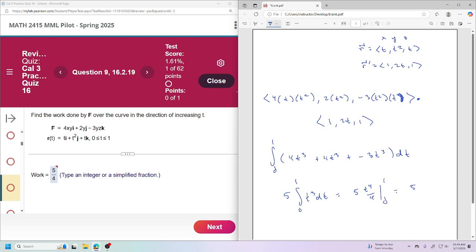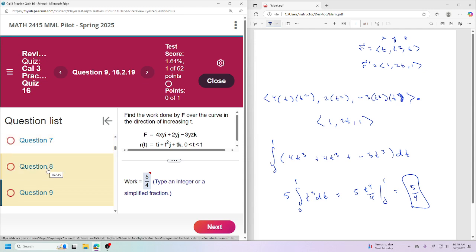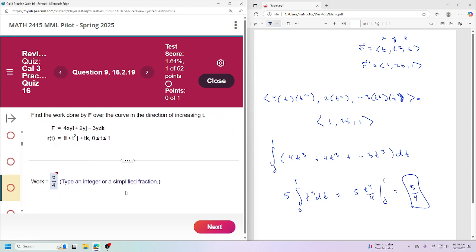What's up? How do we know when we need to take the magnitude versus just taking the r prime? Like, ds equals magnitude of v, or magnitude of r prime dt. So the line integrals of scalar functions have the ds. Okay. Oh, on the workbook. So it's just when we see ds, that's when we have to take the magnitude. Yes. Okay, that makes a lot of sense. ds equals magnitude of v dt.